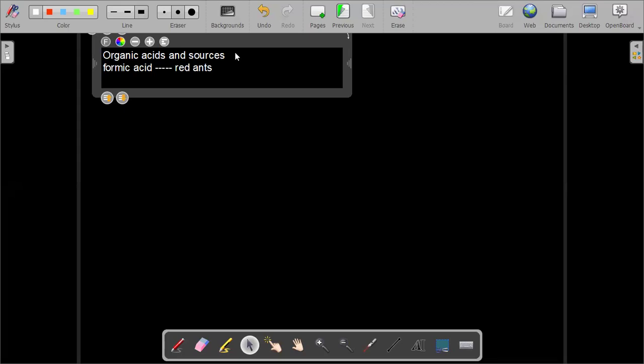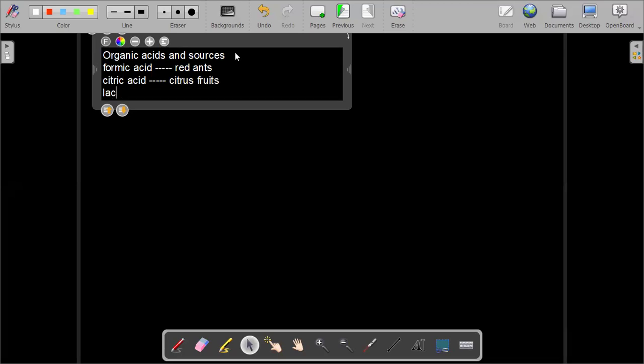Tartaric acid, lactic acid. So where do we find tartaric acid? Tamarind. Then you have lactic acid.